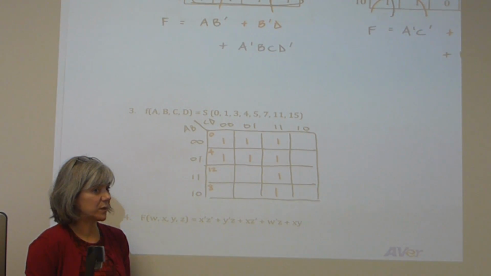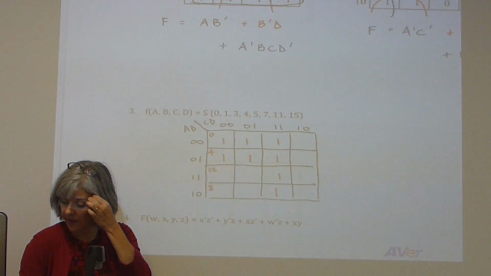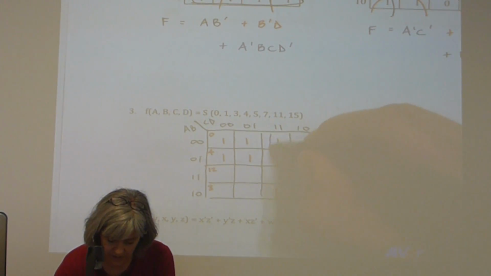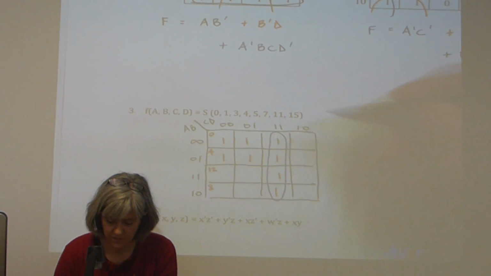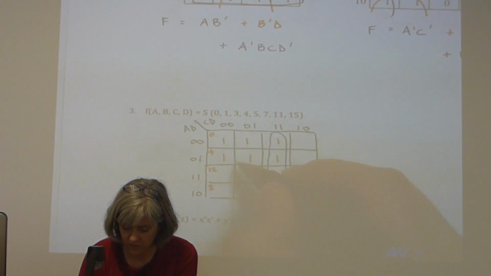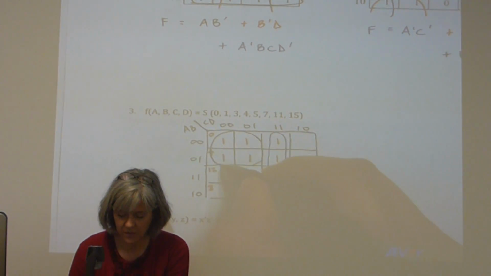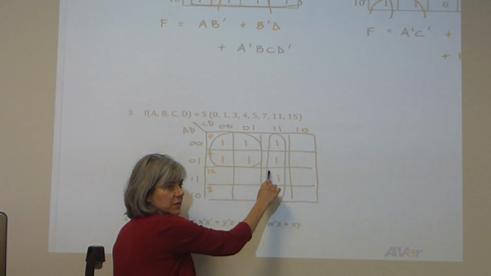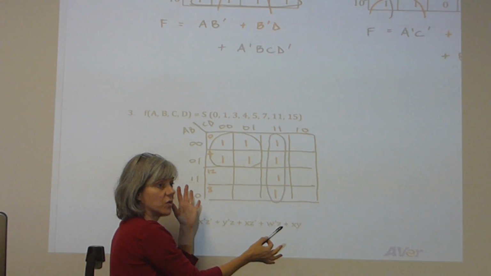Well, this simplifies really, really fast. So let's look at this. I see this group of 4, and I see this group of 4. Do I also need this group of 4 in the middle? I have covered everything already.